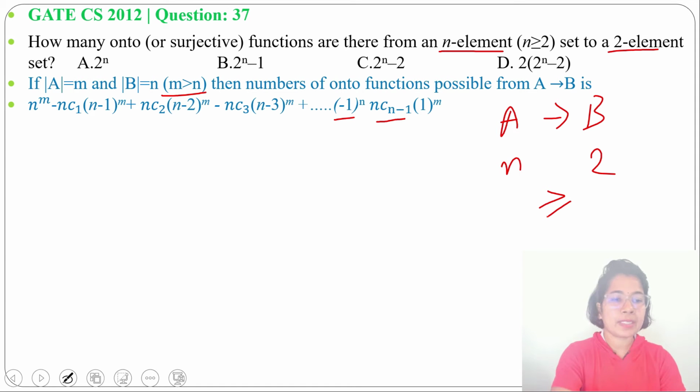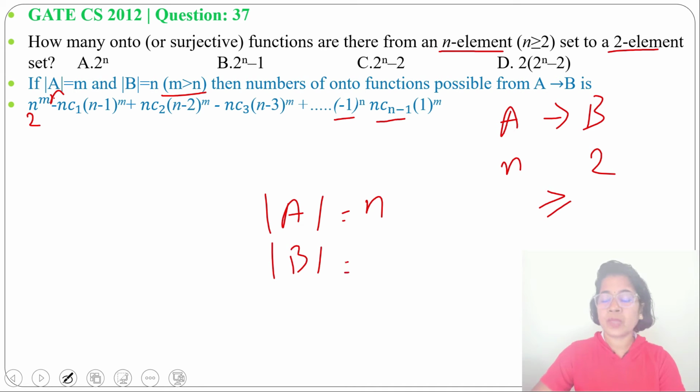Now in place of n we'll write 2, and in place of m we'll write n, as A cardinality equals n and B cardinality equals 2.